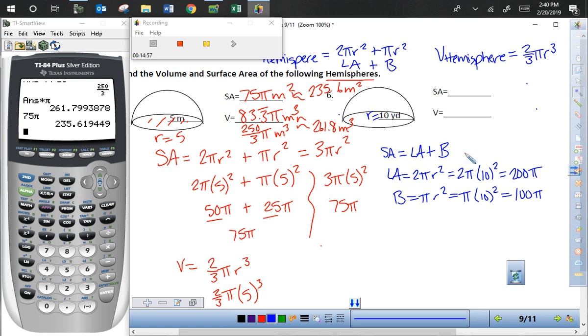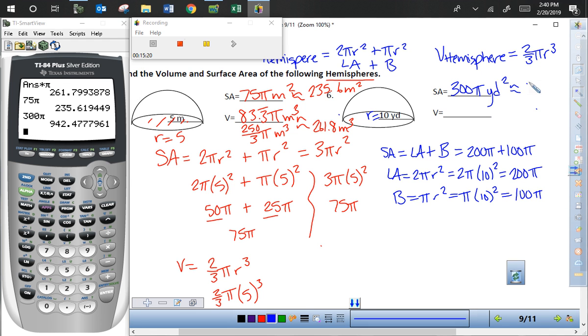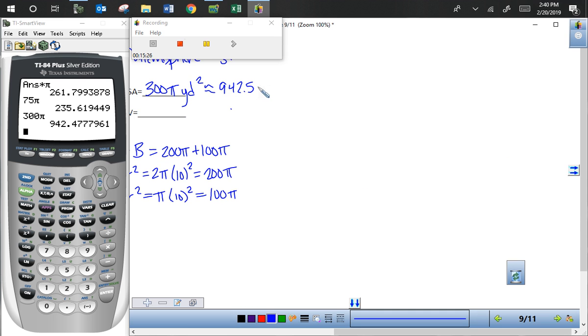And then we just have to add those together for our total surface area. 200 pi plus 100 pi is 300 pi yards squared. To get our decimal, we'll take 300 times pi, and it's about 942.5 yards squared.